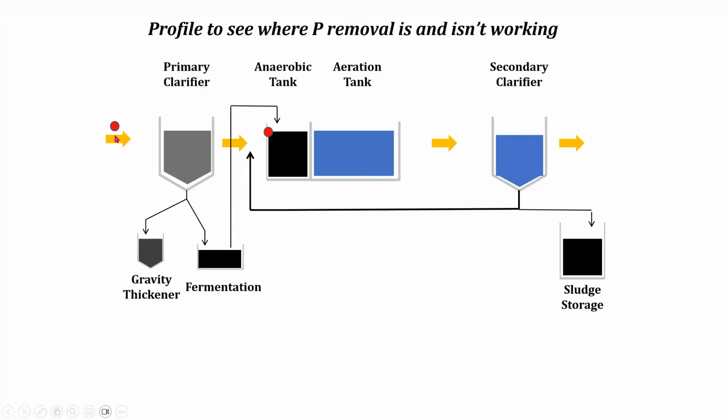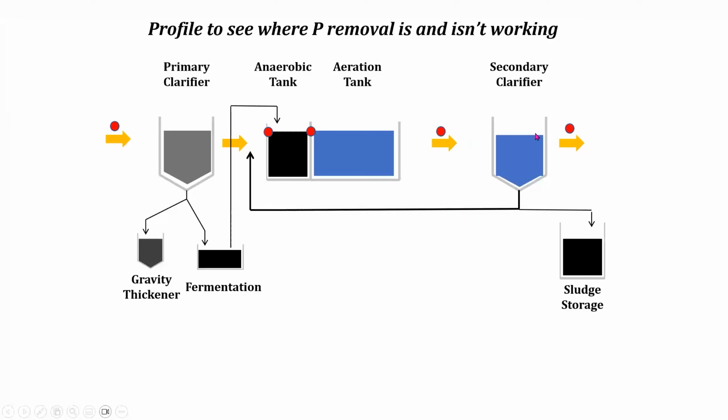So I want to know the phosphorus coming in, phosphorus leaving the primary, the phosphorus going into this blend in the anaerobic tank, coming out of the anaerobic tank, coming out of the aeration tank. This should be our lowest number right here. And if the downstream is ideal, this lowest number will be maintained all the way through the effluent.